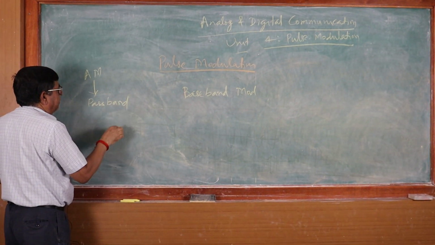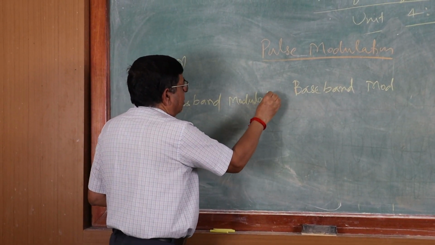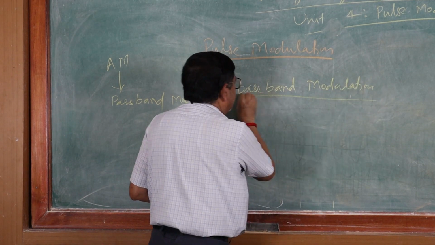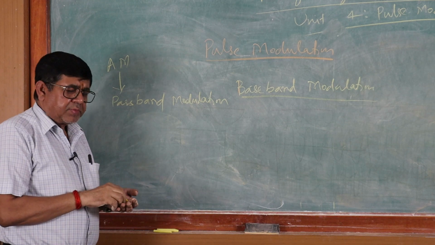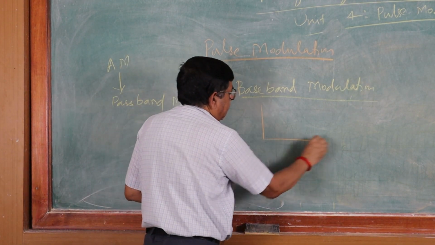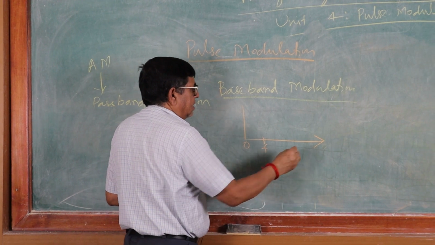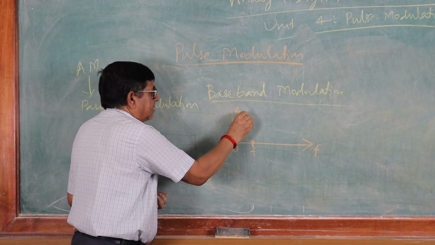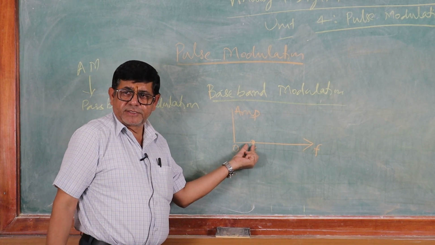What is the basic difference between baseband modulation and pass band modulation? Even digital modulation techniques are baseband modulation techniques. In baseband modulation, the frequency is near zero. It is low frequency. Let us say this is amplitude versus frequency. So frequency is low, baseband modulation.